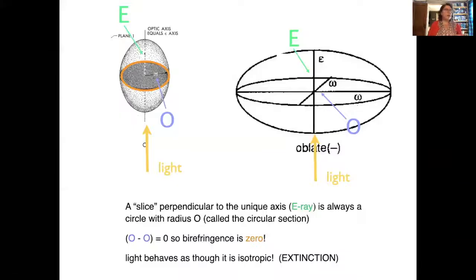So if we slice the indicatrix perpendicular to the unique axis, or the e-axis, in a uniaxial mineral, the shape we get is a circle, which means that all of the indices of refraction are the same in all directions, and that means that the birefringence is 0. Light behaves as though the mineral is isotropic, and we will see extinction.